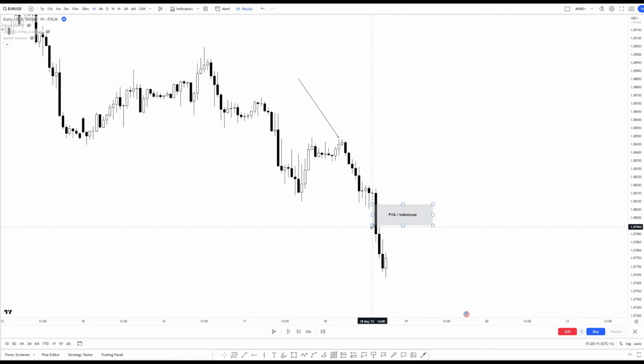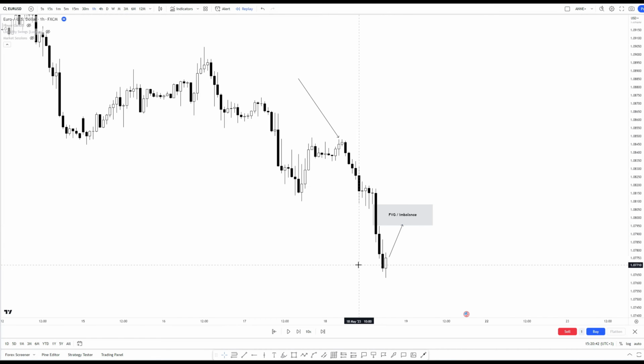Usually, when the price creates an imbalance, it retraces to fill in the gap. Thus, there is probability that the price will rebound to the upside and fill in the imbalance, also known as fair value gap. Third, I typically wait for a power candle before entering a counter trend trade once I see an imbalance.